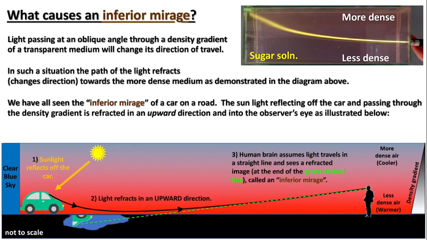Light passing at an oblique angle through a density gradient of a transparent medium will change its direction of travel. In such a situation, the path of light refracts, or changes direction, towards the more dense medium as demonstrated in the diagram above. We have all seen the inferior mirage of a car on the road. The sunlight reflecting off the car and passing through the density gradient is refracted in an upward direction and into the observer's eye as illustrated below.